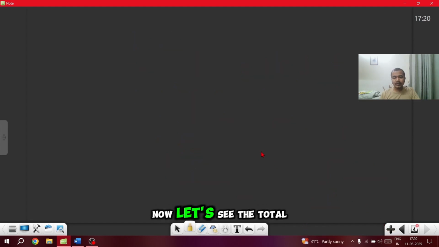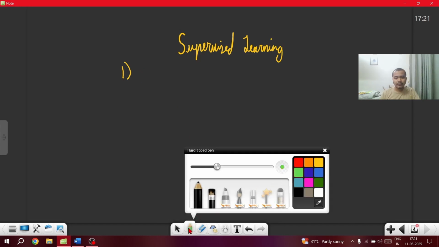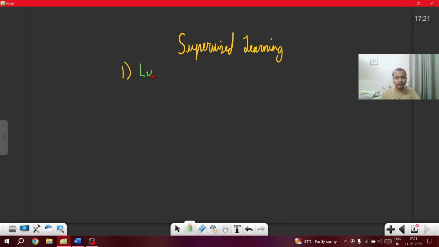Now, let's see the total scope of supervised learning, what we will be studying. First off, we will start with the basic linear regression. We'll talk about this in detail in future videos. Then we'll go to logistic regression.